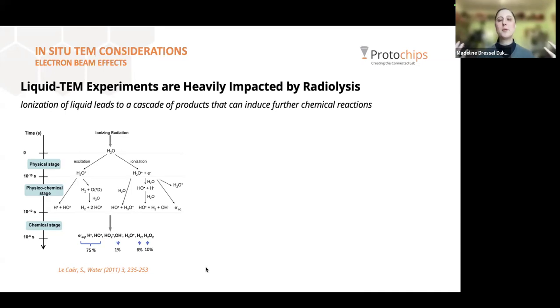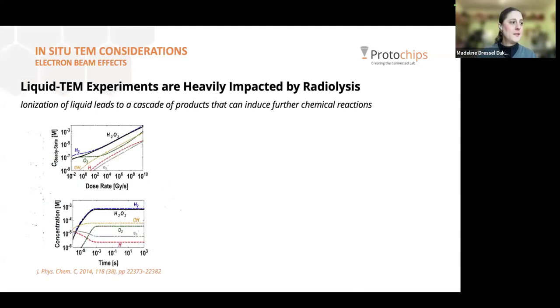It's used in probably about 85% of the published results, aqueous solutions. But when the beam interacts with that, it creates this cascade of highly reactive species that, again, can now start to interact with our sample and drive chemical reactions, cause degradation, cause new side reactions.